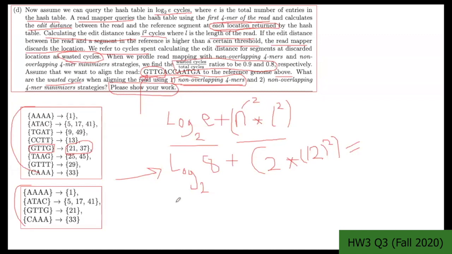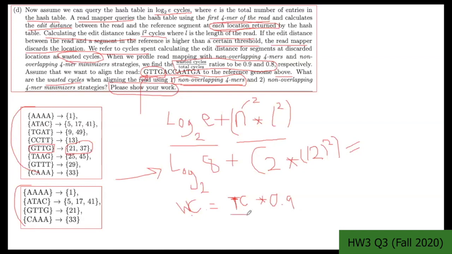So the wasted cycle is equal to total cycle times, so the first method is 0.9 times 0.9.